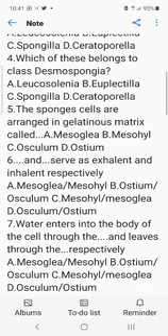Number 5, the sponge's cells are arranged in a gelatinous matrix called A, mesoglea, B, mesohyl, C, osculum, D, ostium. Of course, the mesoglea is found in Hydra, as well as the platyhelminthes.